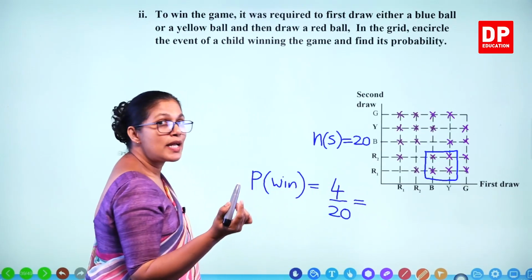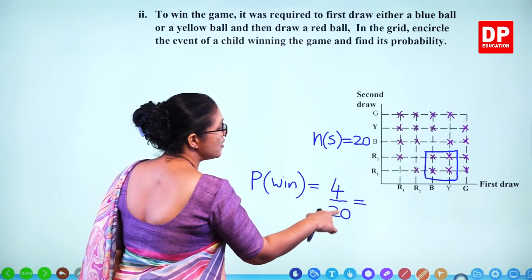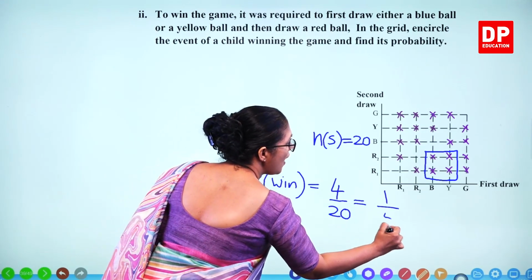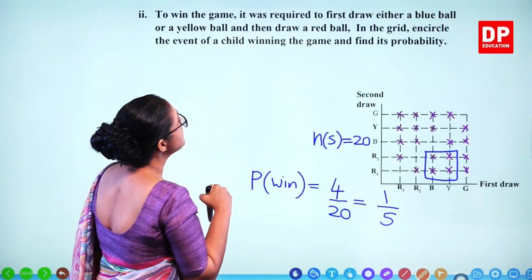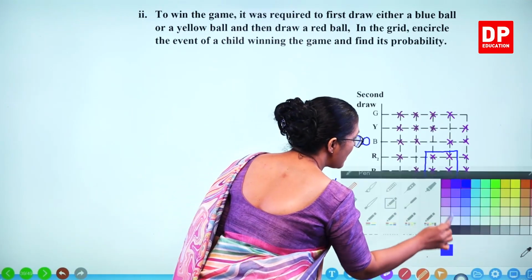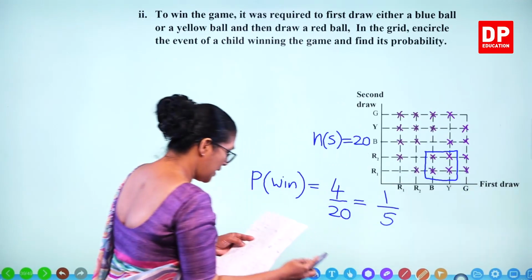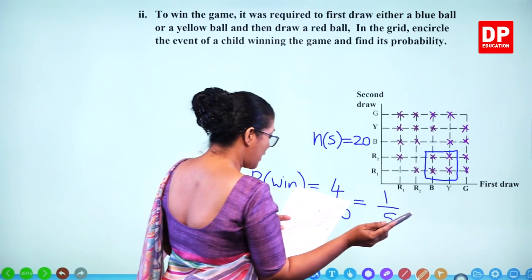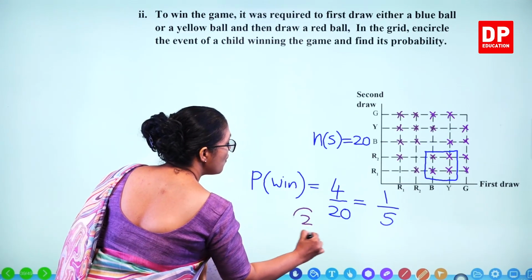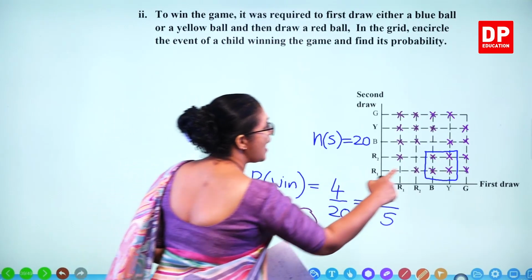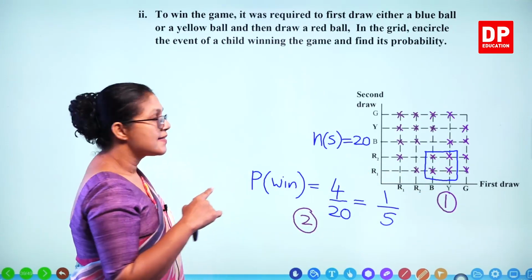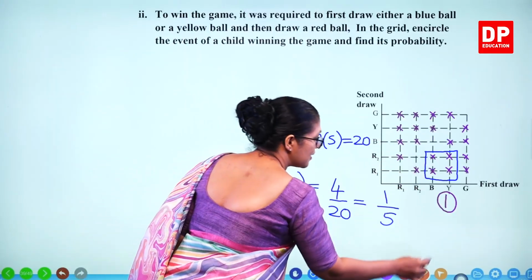So 4 over 20, 4 divided by 20, you get 1 over 5. So 1 over 5 is the answer. So how many marks there? You are getting 3 marks. How do you get 3 marks? 2 marks for finding the probability and 1 mark for drawing the circle or encircle.